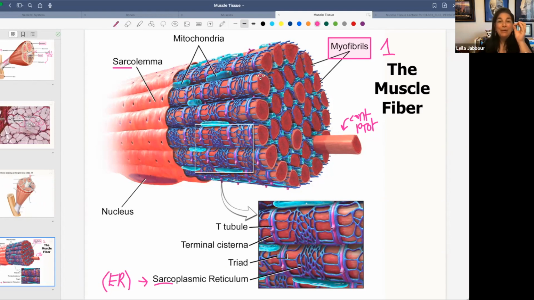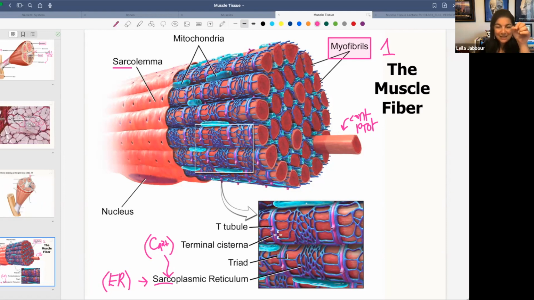And we're going to see how important this sarcoplasmic reticulum is, because it's going to be housing calcium ions inside the terminal cisternae. Inside the sarcoplasmic reticulum. The sarcoplasmic reticulum is in blue here. All the blue is sarcoplasmic reticulum, and that's where the calcium ions are stored.